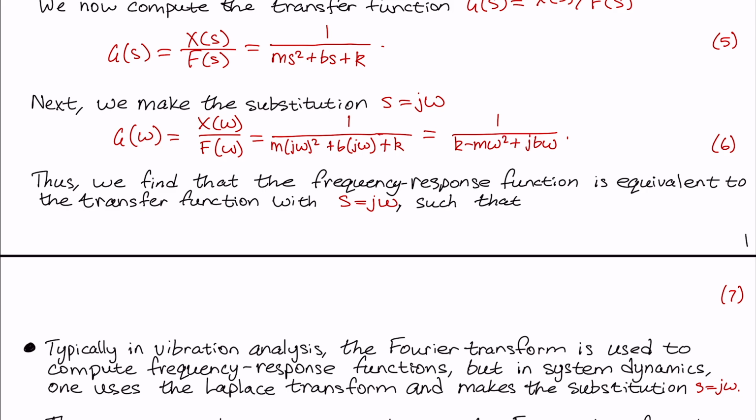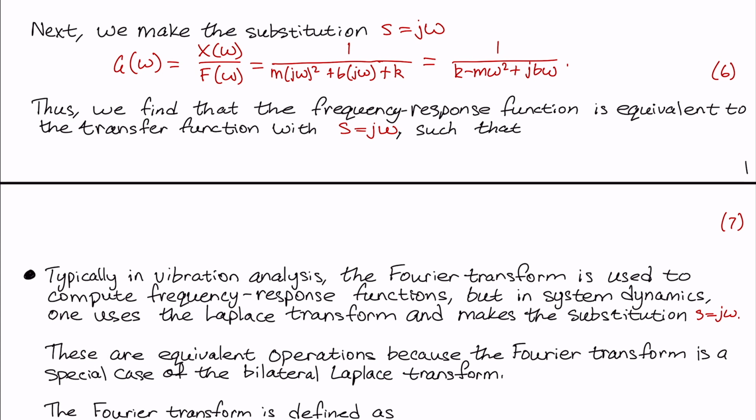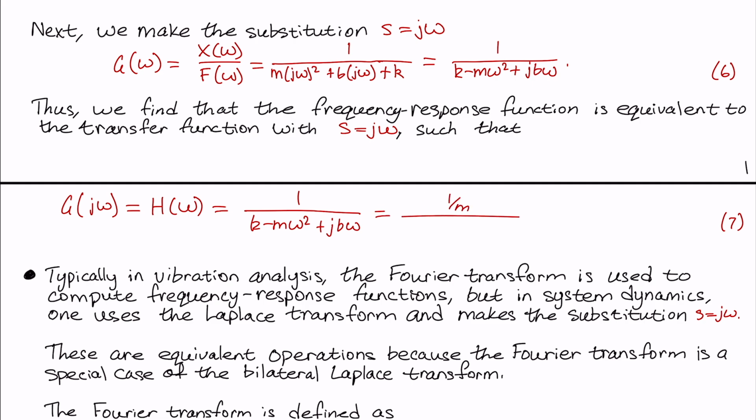Such that we can write here, leaving it a little more general, that G of j omega is equal to H of omega, which is our frequency response function, equal to 1 divided by k minus m omega squared plus j b omega, equal to 1 over m divided by omega n squared minus omega squared plus 2j times zeta n times omega n times omega.